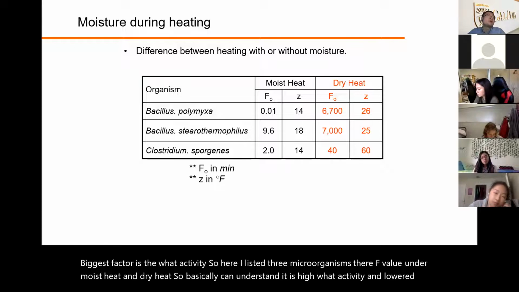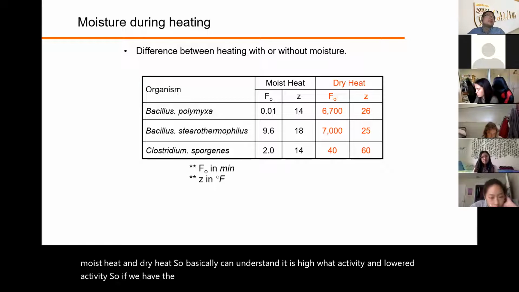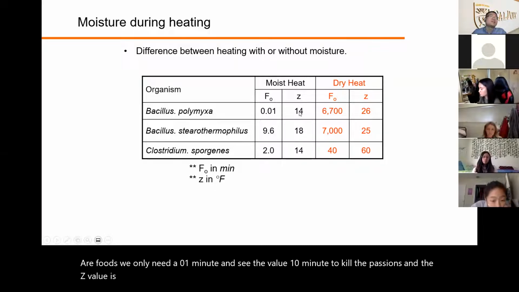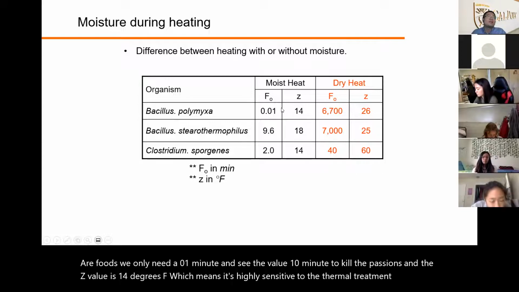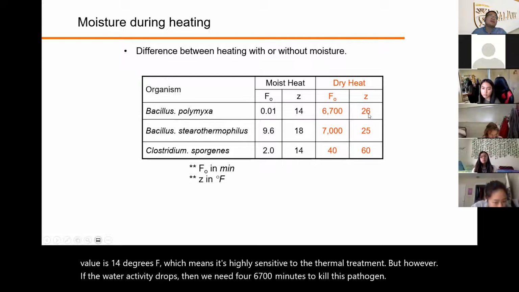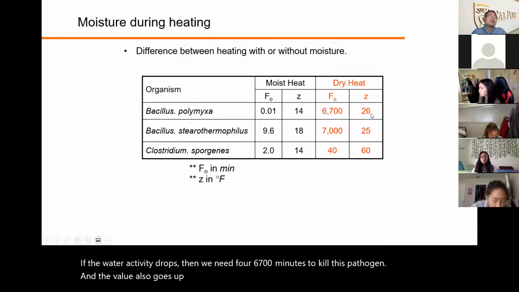So if we have Bacillus polymyxa in high water activity foods, we only need 0.01 minute. You see the F value 0.10 minute to kill the pathogens. And the Z value is 14 degrees F, which means it's highly sensitive to thermal treatment. However, if the water activity drops, then we need 6,700 minutes to kill this pathogen. And the Z value also goes up to 26 degrees F.